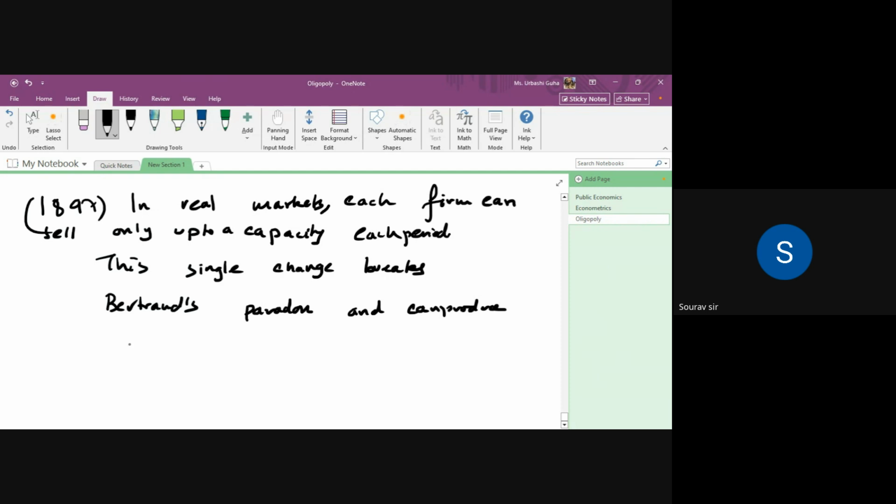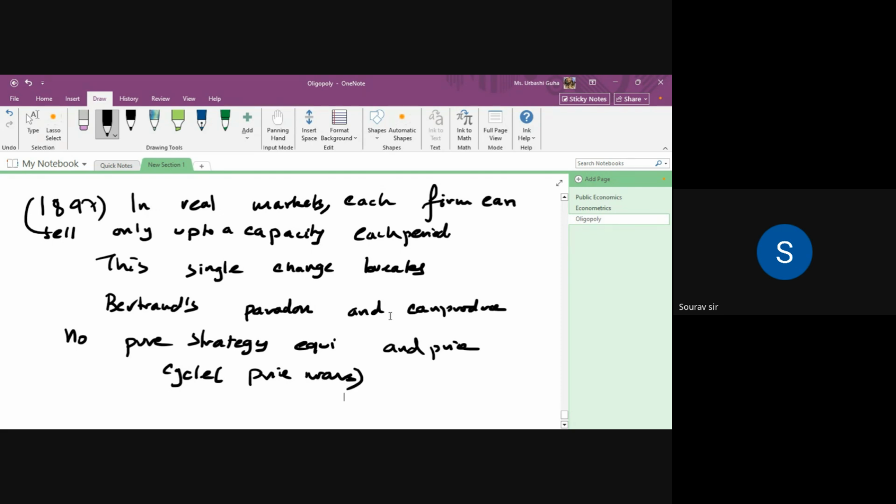And price cycle, what is price cycle? Price war. As the name goes, price cycle means price war.